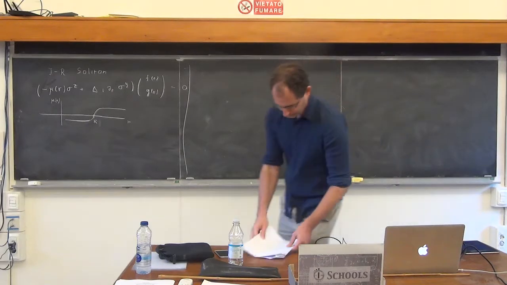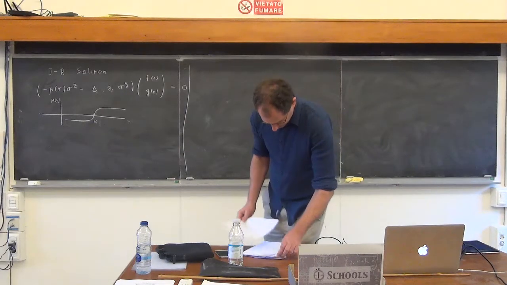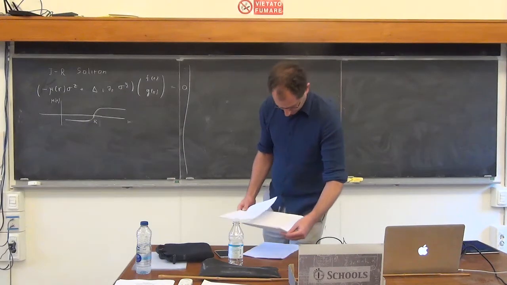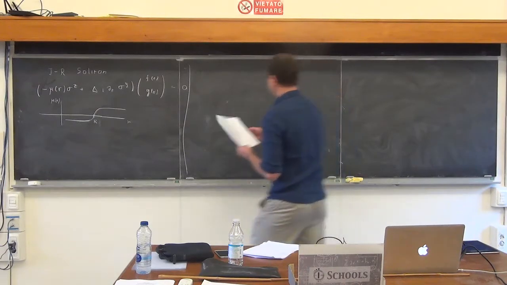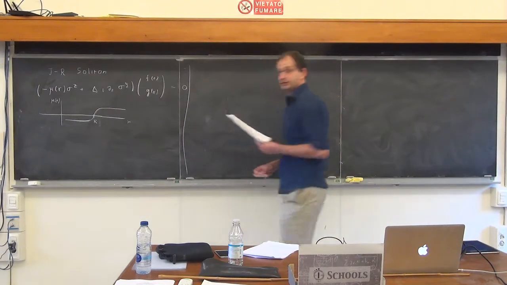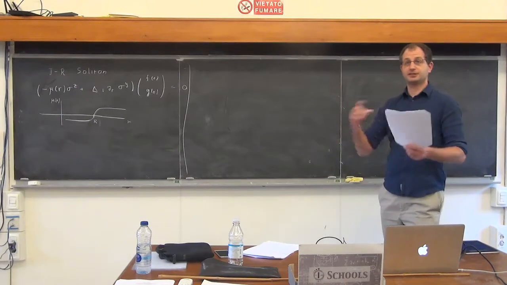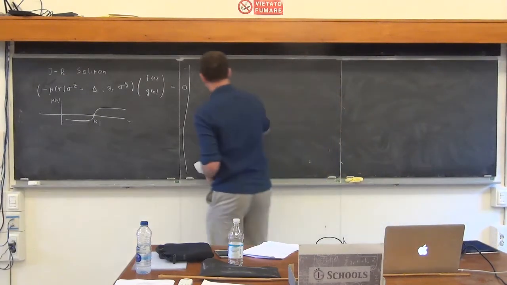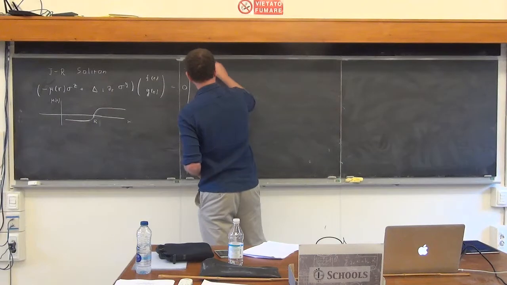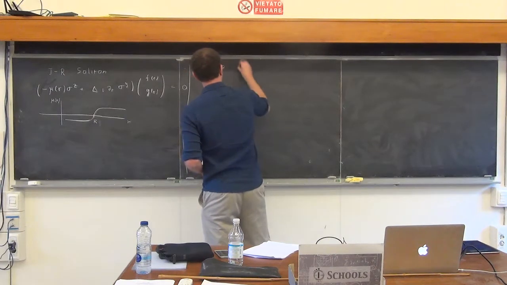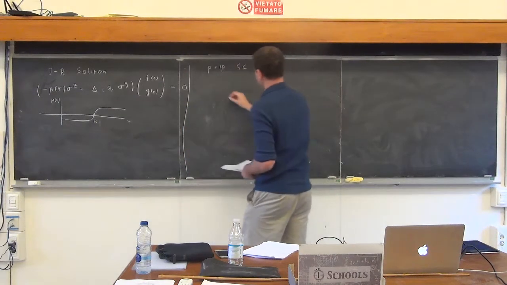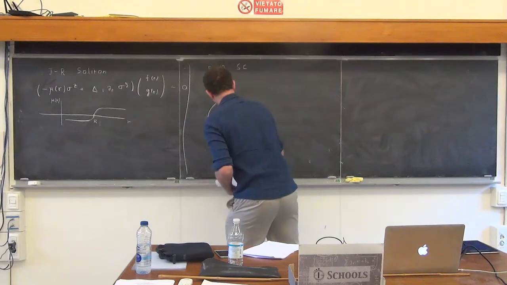So let me just remind you where we were last time. We were solving the BdG equation for a disk with a boundary, for a p plus ip superconductor on a disk geometry.